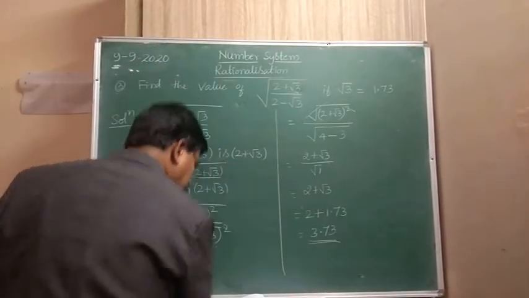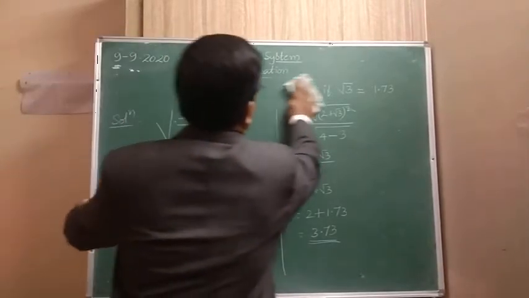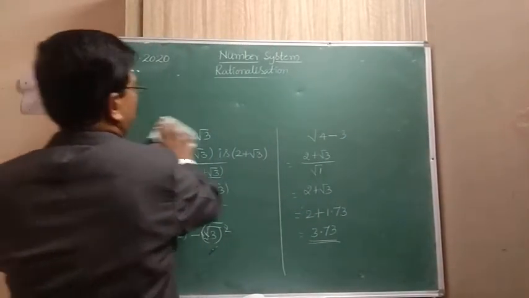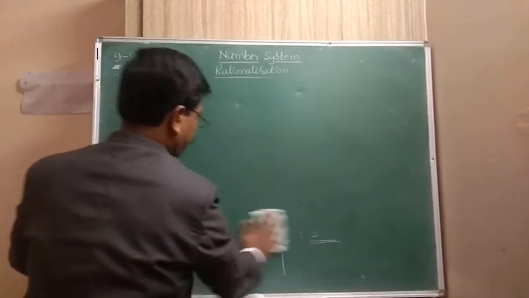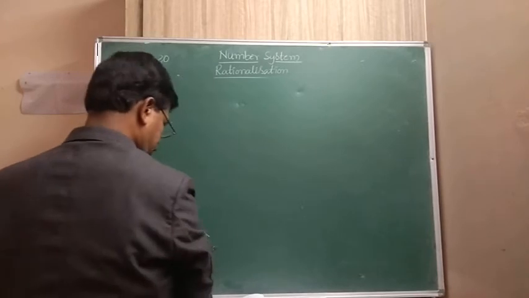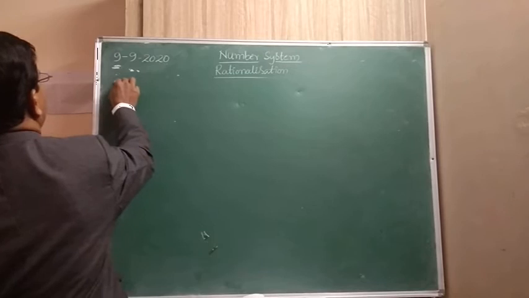Next is rationalize the denominator. Fourth question, I think.